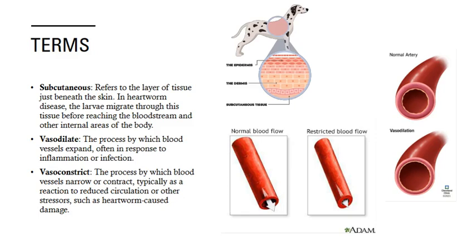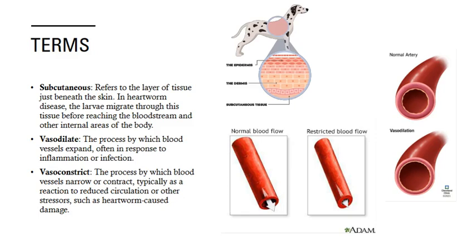Some of the key terms that I went over: subcutaneous, which refers to the layer of tissue just beneath the skin. In heartworm disease, the larva migrates through this tissue before reaching the bloodstream and other internal areas of the body.